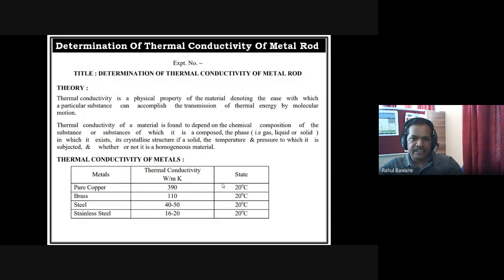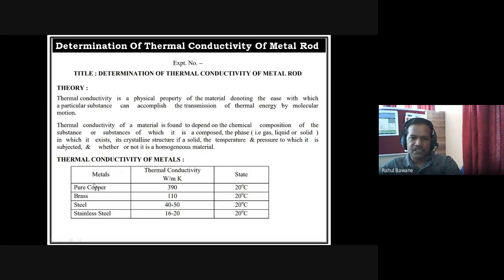Now when I heat any metal, the lattice vibration becomes so strong that it restricts the transport of free electrons. In metals, conduction heat is majorly transferred by the transport of free electrons, but when we heat it, the lattice vibration is so strong that it obstructs the transport of free electrons, so thermal conductivity decreases.